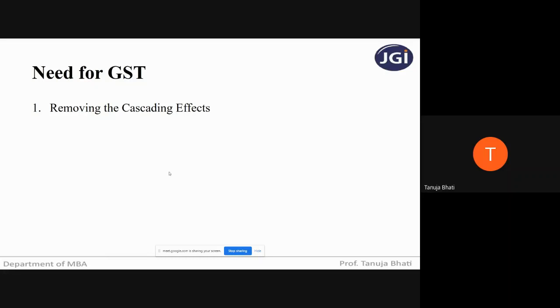So for example, if the output tax he has to pay is rupees 100, and the input tax he's already paid is rupees 80, he needs to pay to the government only 20 rupees, because 100 rupees is output tax, and he's getting a credit of the tax paid on the purchases, that is 80 rupees. So only 20 rupees is the tax that he needs to pay to the government.